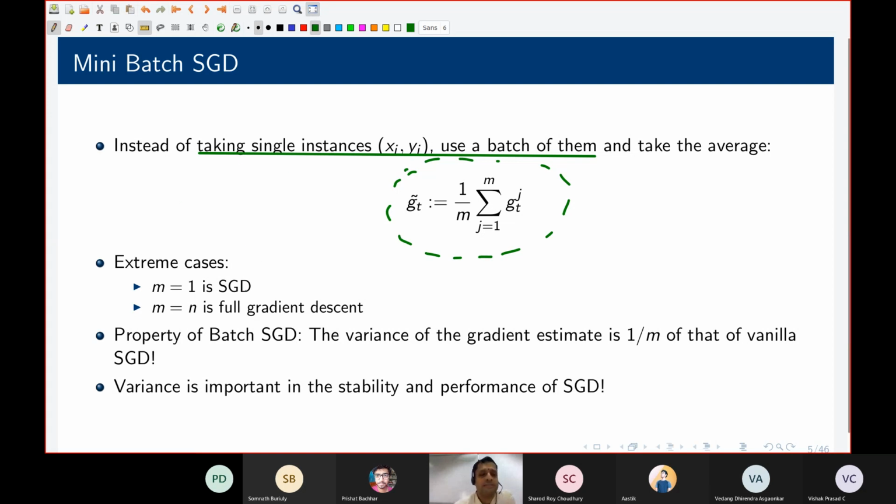There are simple extreme cases: a single example is stochastic gradient descent, and, as we saw on the previous slide, m equals n is full gradient descent.